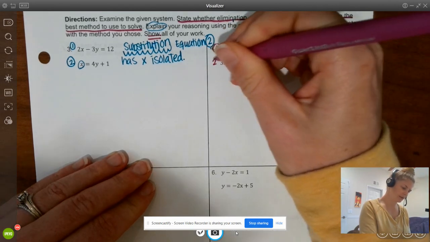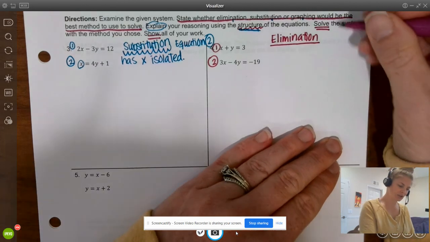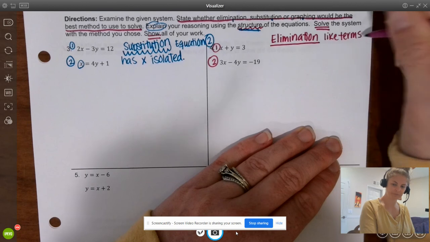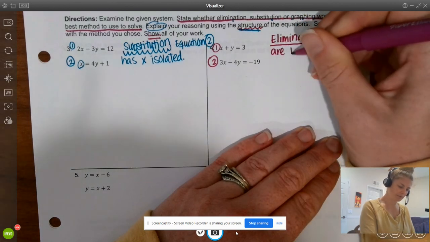Elimination. So I'm going to label these 1 and 2 so we can talk about them. Elimination, like terms are lined up.